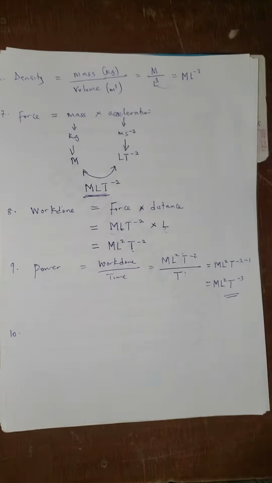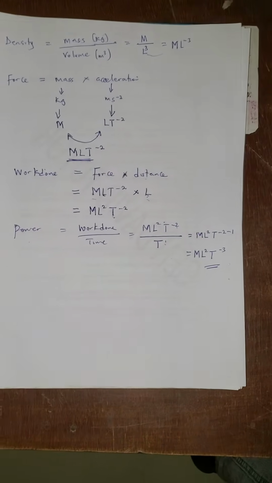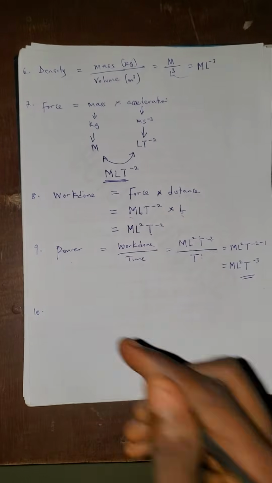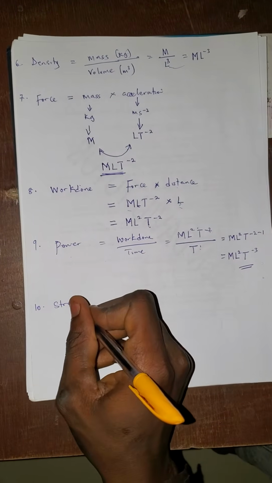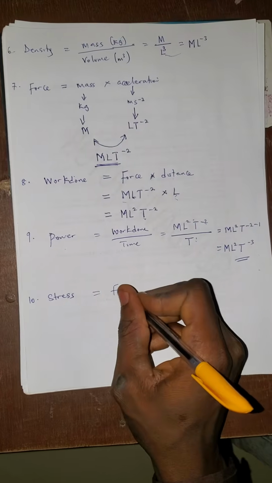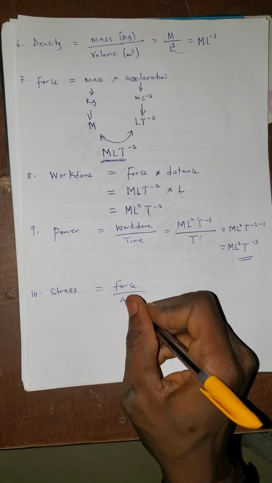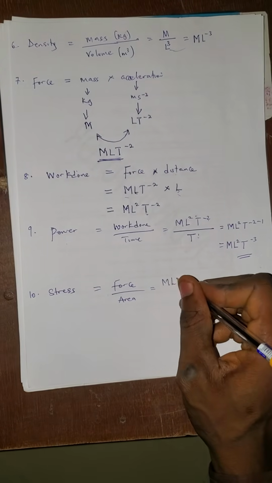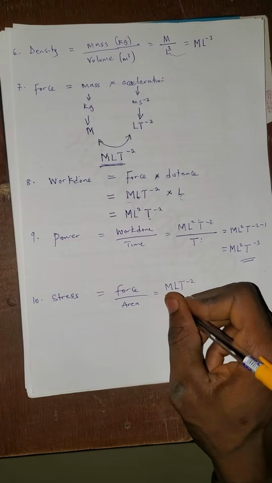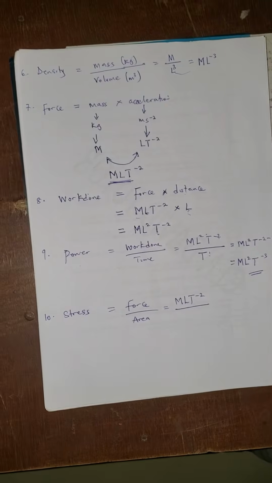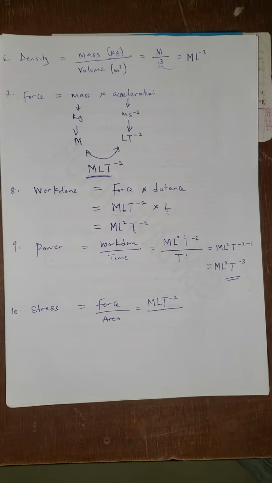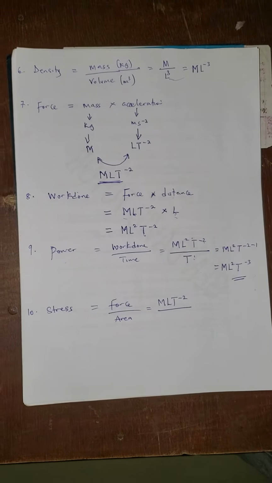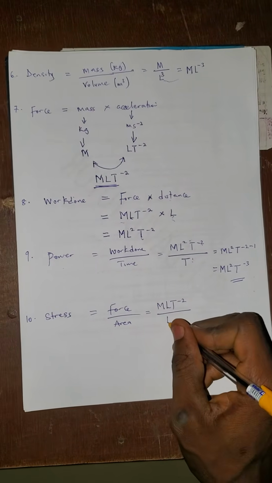Number 10. Before I go into the word aspect of dimensional analysis, we have stress. Stress is force over area. And what's our force here? Force dimension is MLT raised to minus 2. You have to know the dimension for force offhand, without calculating, after you've gone through the method of calculation. And area is L squared.